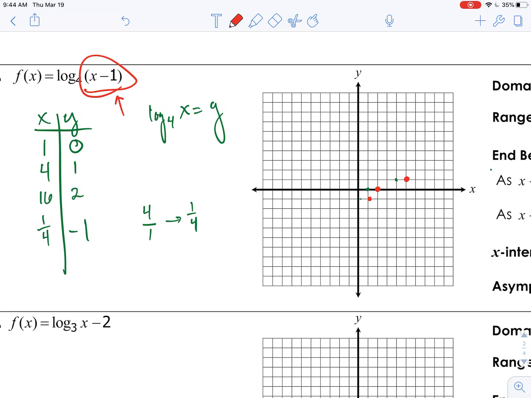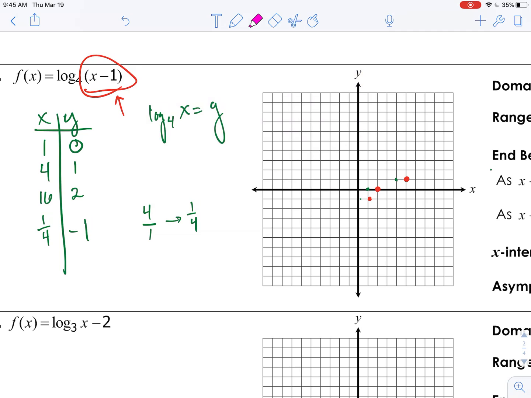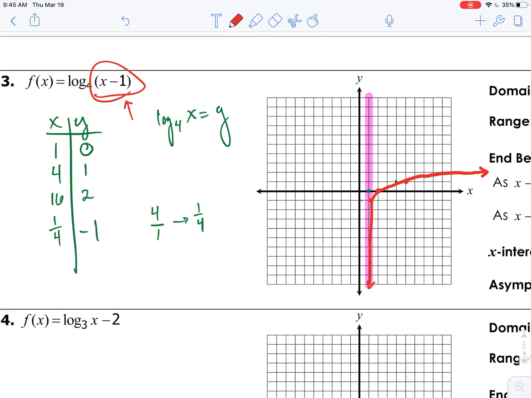And you can kind of assume that if this was our typical asymptote, right there, if I shifted everything right 1, then my new asymptote must be here. So my graph must look like this, more or less.